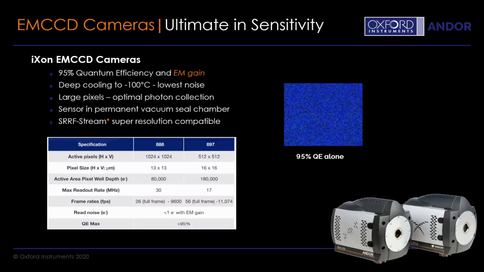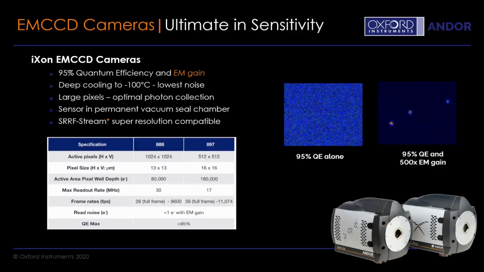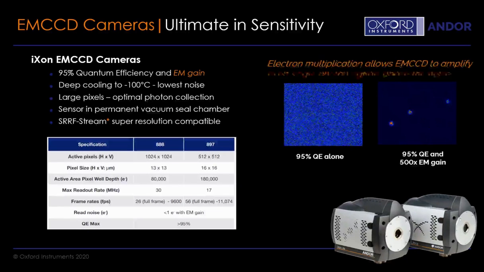For example, if we consider looking at a very weak signal with 95% QE alone, we can end up getting no signal, but whenever we start to apply the electron multiplication, which EMCCD cameras have, we can boost even single photons well beyond the noise floor of those cameras, so we're effectively defeating the read noise of the camera. So although they still have a read noise component, you have boosted up the signal so many times well beyond that noise floor, whereas at this level the back-illuminated sCMOS camera cannot work at all.